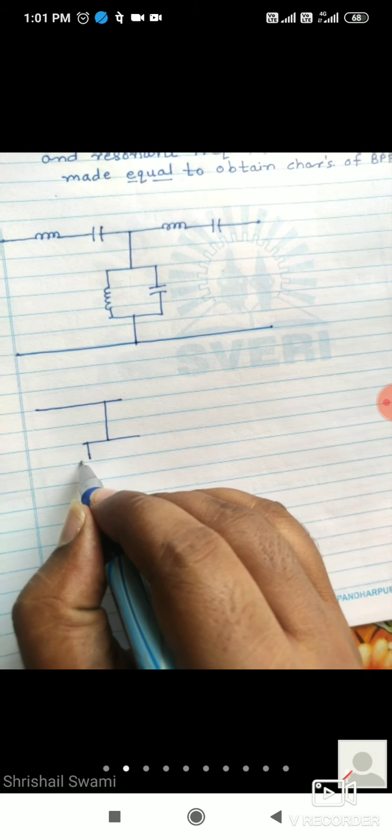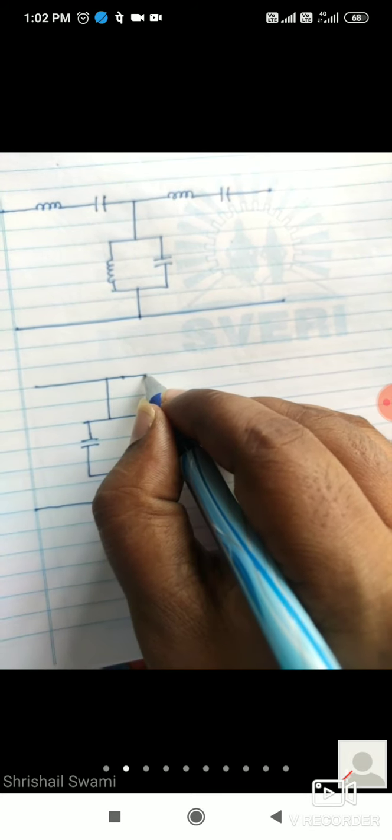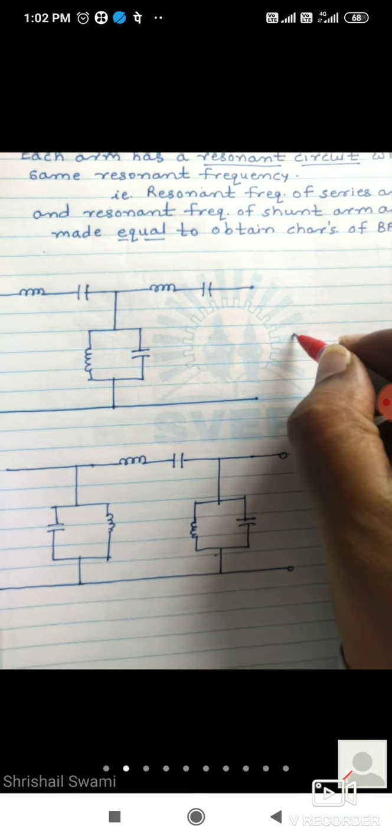So this is the T section and below I will draw the pi section. Okay, so the first one represents figure number 1A we can consider.